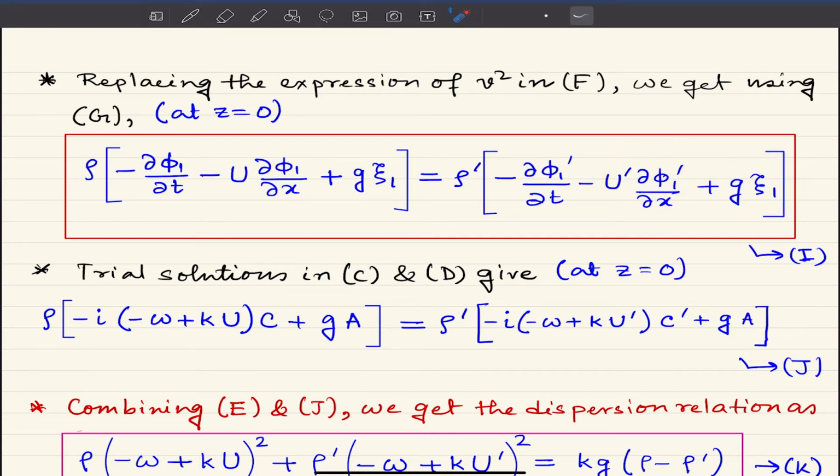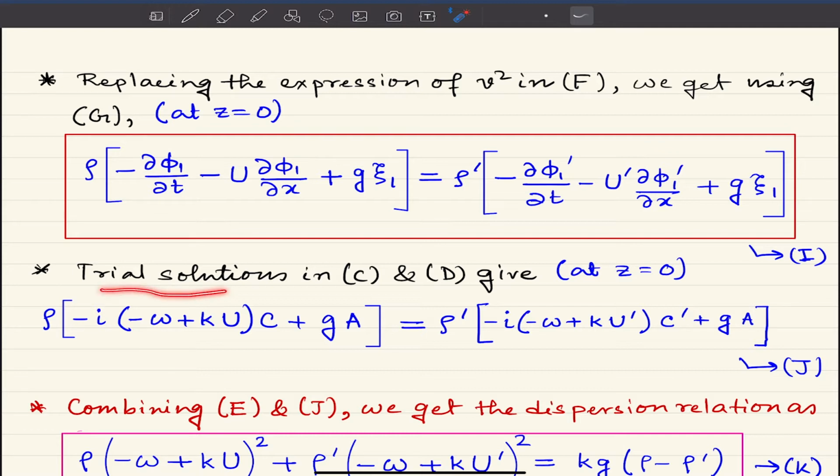You can easily see this one is exactly equal for both the cases, because when the interface is plucked, let's say from here to here, both the fluid particles infinitesimally above and below the interface are lifted by the same distance xi 1, and both are lifted against G. So that's why this term is similar, but of course do not forget that this is multiplied with rho prime and this is multiplied with rho. This type of subtlety should not be neglected.